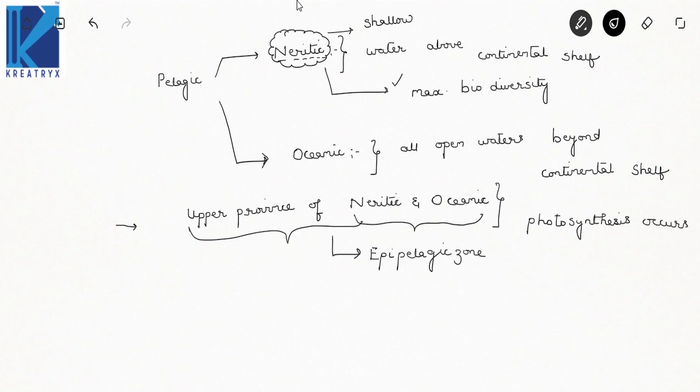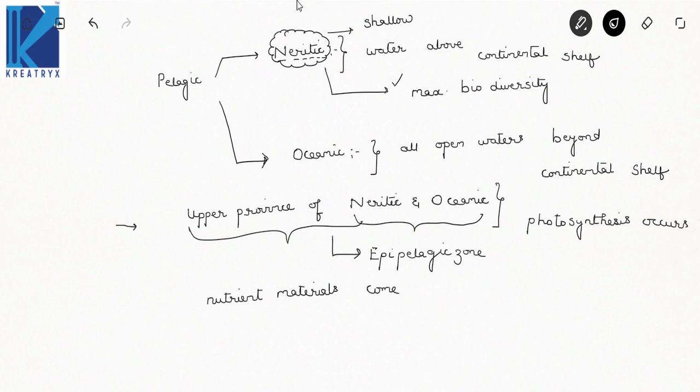Now, why does maximum biodiversity occur in the neritic zone? Because there will be high nutrient levels. Now, where do these nutrient materials come from?